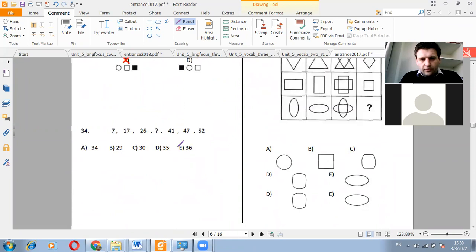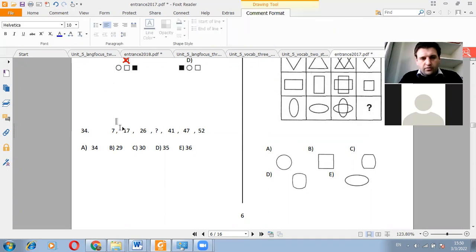Question 34. Here we have another number sequence, and this is just the same as the question from 2018. If you remember, those who solved 2018 would remember that there was an exact same question. Maybe the numbers are different, but the logic is the same.